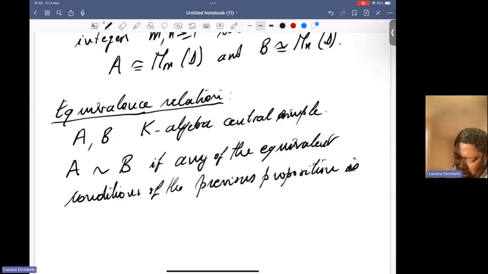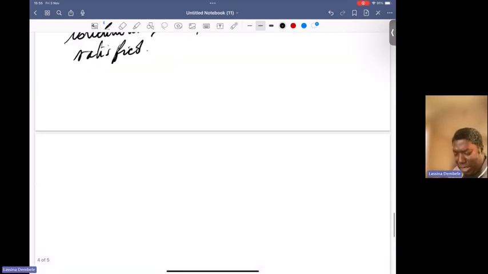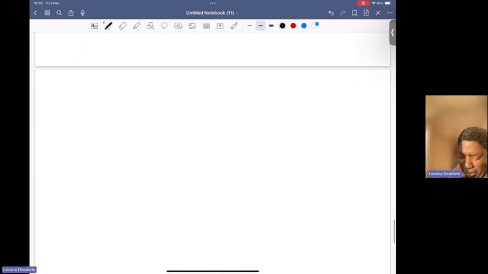So if any of these conditions is satisfied, then you say that the algebras A and B are equivalent. It's very easy to see that this is an equivalence relation using this last proposition that we proved. So I'll leave it to you as an exercise. And now that we have this, we can define the Brauer group.